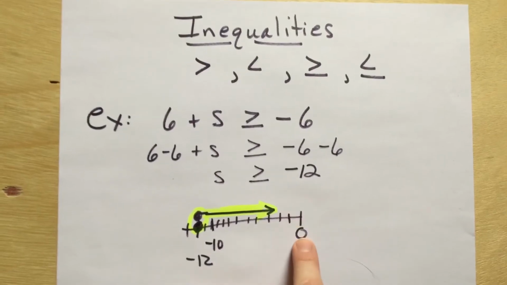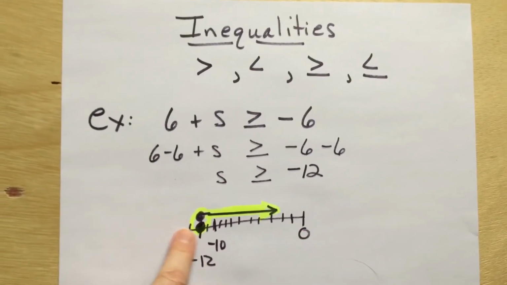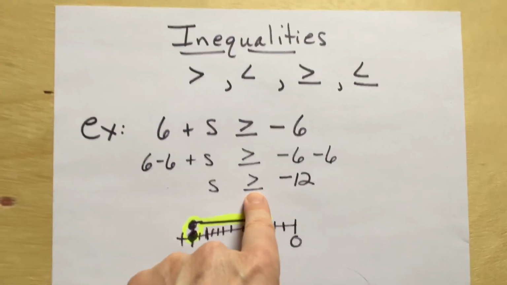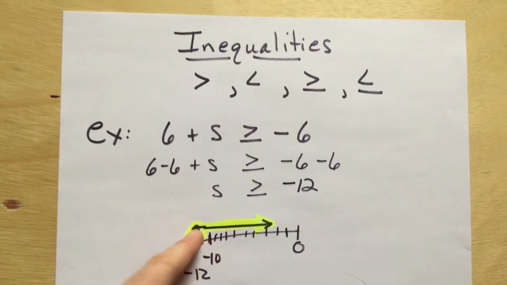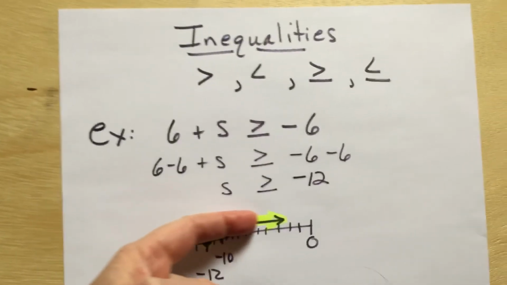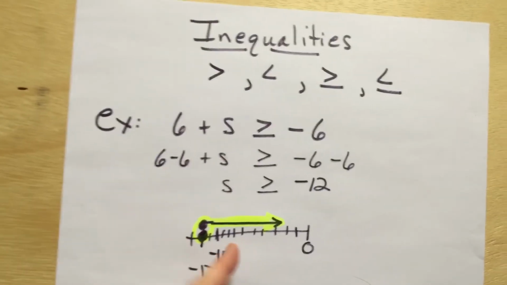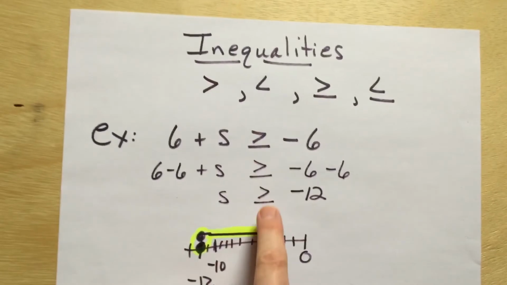So I draw my number line. I'm in the negatives now. And I go all the way down to my negative 12, and I want to include my negative 12 in the answer, so I've got a solid circle, and I'm going to be going greater than negative 12, so I'm going to go to the right. So all these numbers greater than negative 12 would work to solve this inequality.